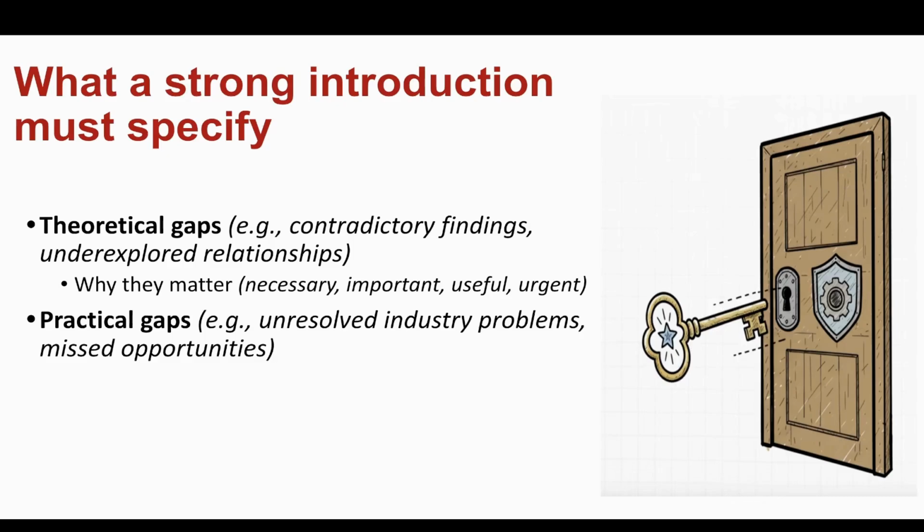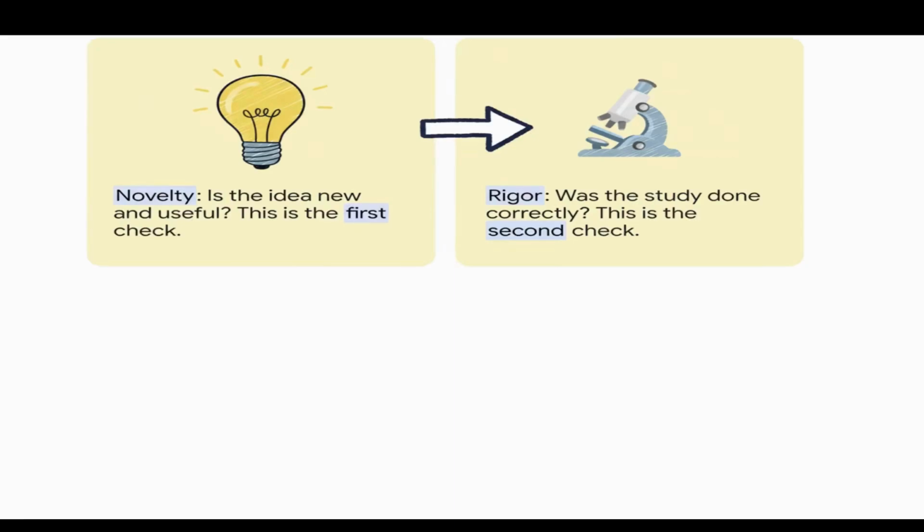If any of these are missing, there are high chances that the editor or reviewers are not going to take our manuscript further, and they may reject it. So please note these things and make them checkpoints so that we don't miss anything. Real world relevance is very important.